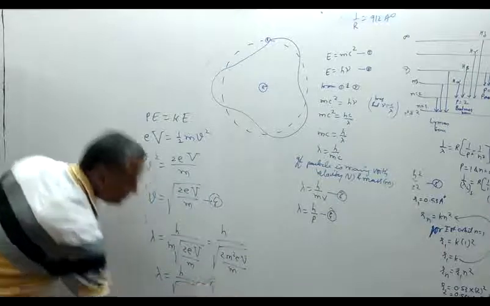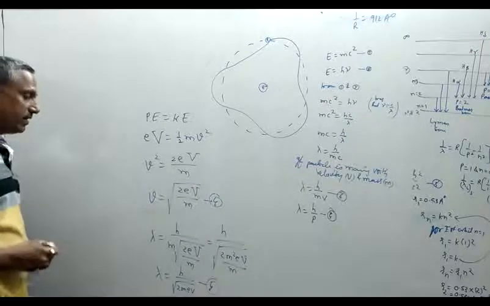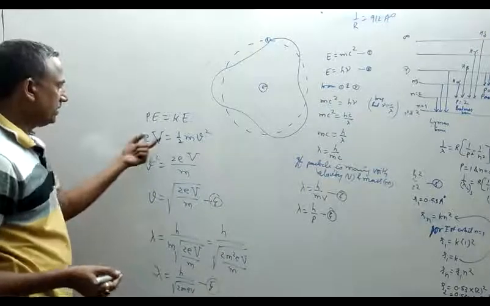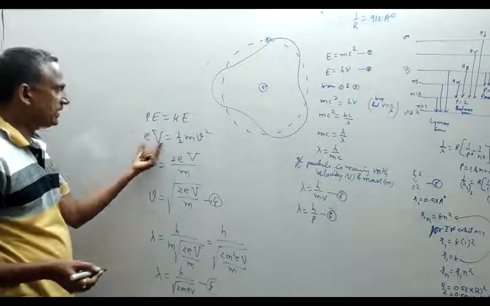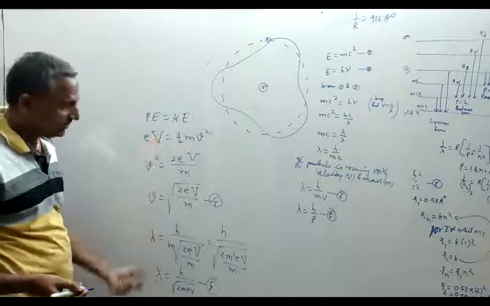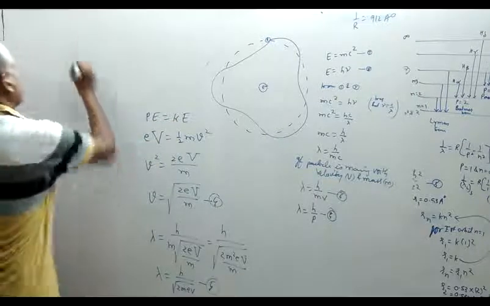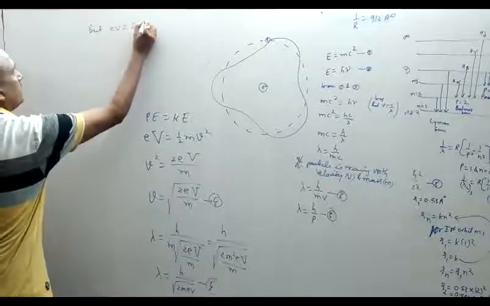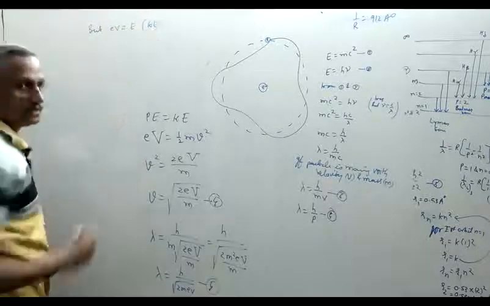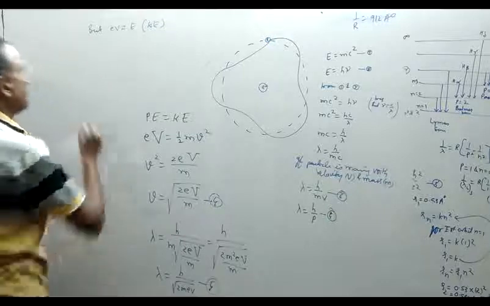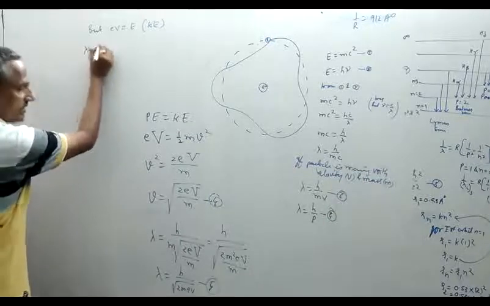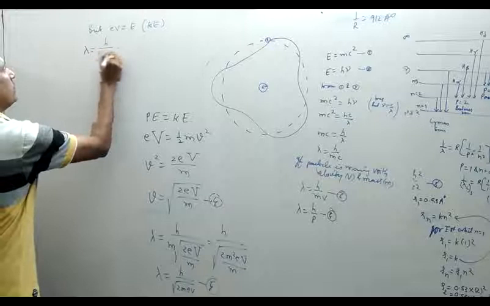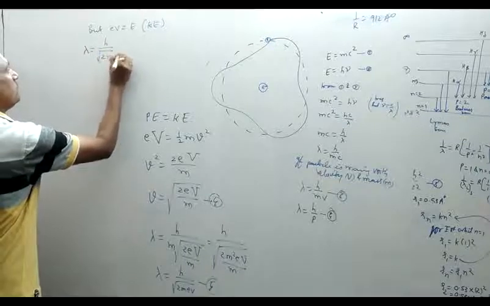Equation number 5. Now here this eV is equal to the kinetic energy. E is the kinetic energy of that moving electron. So this equation can be written as lambda is equal to h upon under root of twice m E.